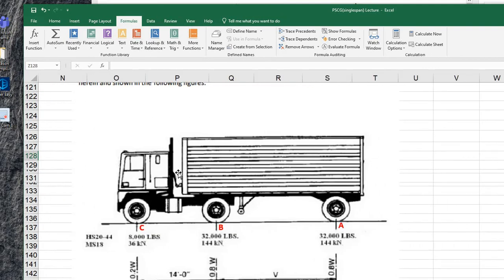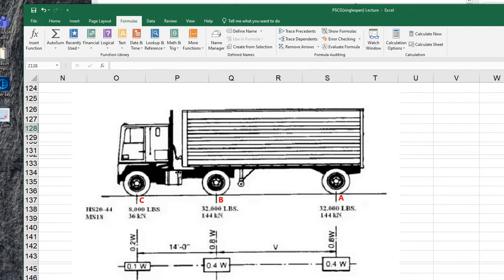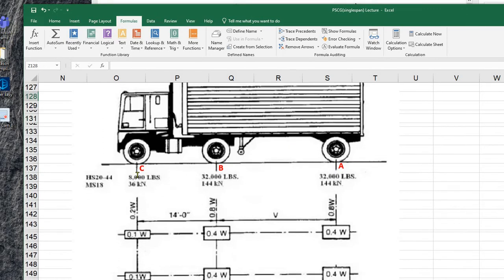So, let me show you what is MS18. Yan. So, yung wheel A, ito yung gulong na nasa likod. Tapos, wheel B, yan yung nasa gitna. And then, wheel C, yan yung front wheel nung trailer. Okay, so trailer, tapos yung humihila, tapos yung kanyang hinihila. And then, between C and B, we have 14 feet.